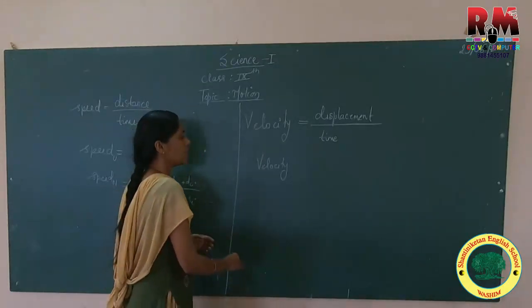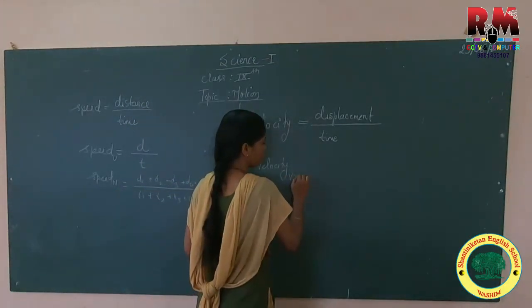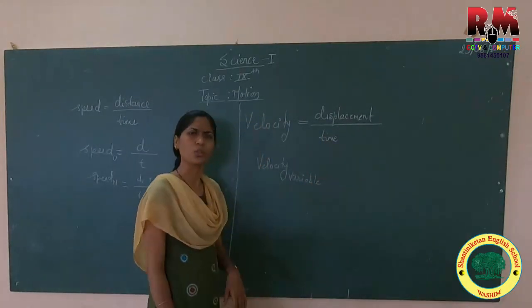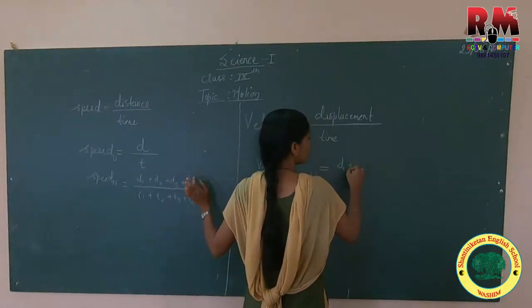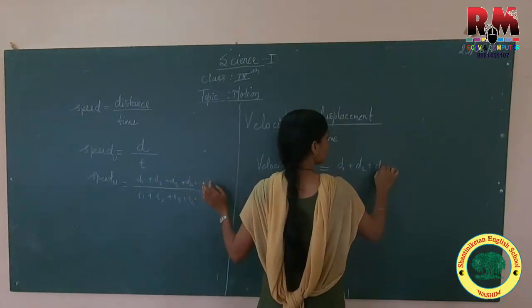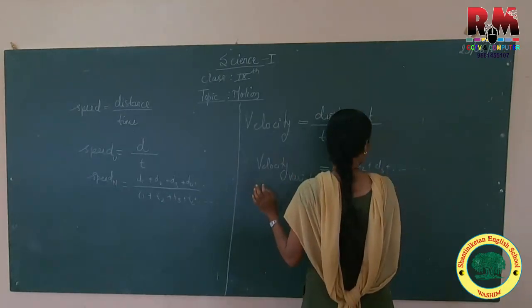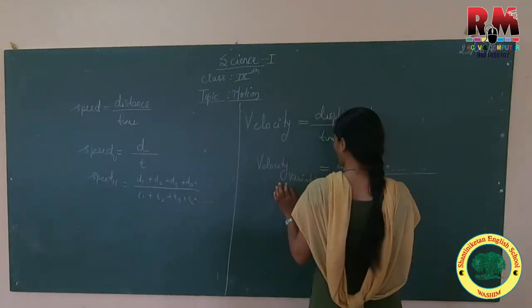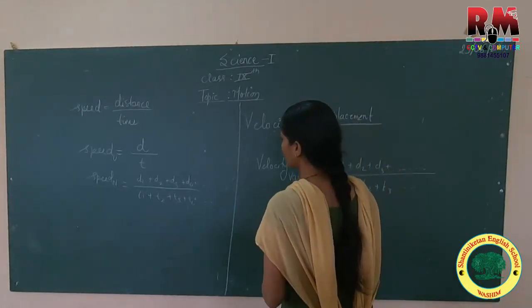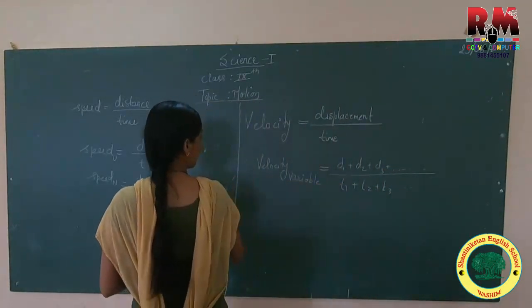Non-uniform motion can be called variable also. For variable motion, the same method you will use: displacement d1 plus displacement d2 plus displacement d3 and so on, divided by t1 plus t2 plus t3 and so on.